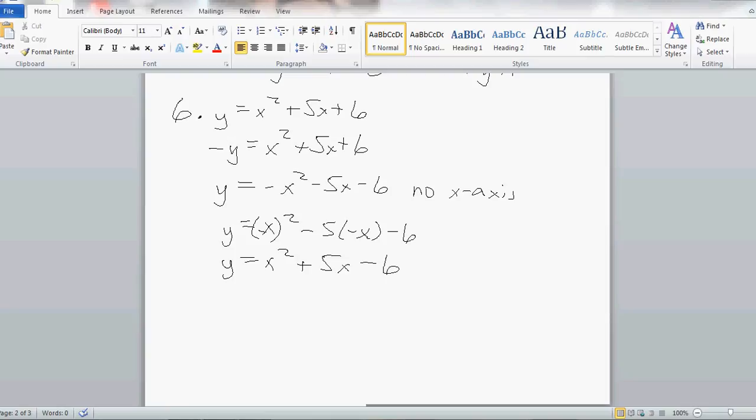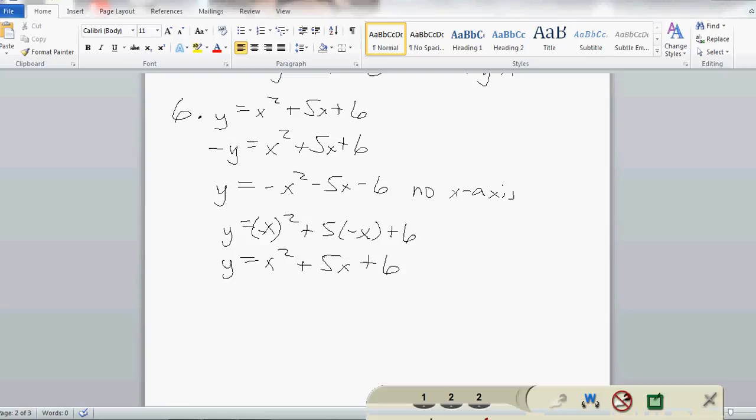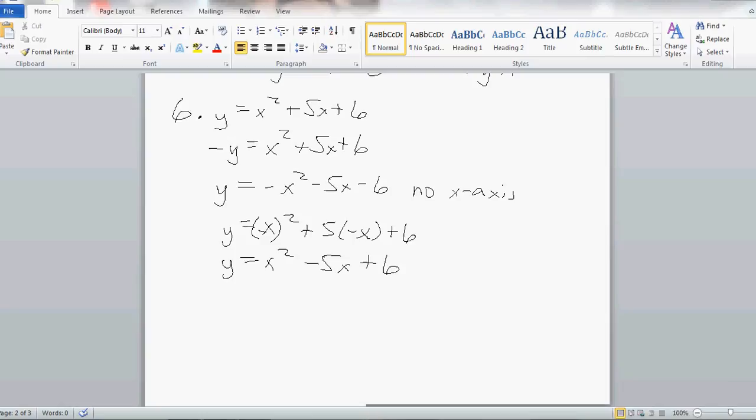Very close to the original, but whoops, that should be a plus. That should be a plus. And that should be a plus. So finally, after all these corrections, this should be a minus. And we notice that this is very close to it, but not exactly. So there is no y-axis symmetry.